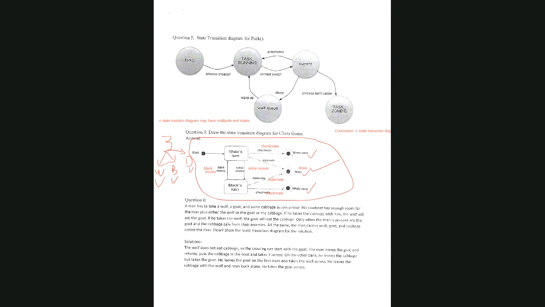Now let's see question number 7. In this question number 7, man, wolf and goat. This is a very interesting game. Assume that a fisherman is living with a man, wolf, goat, and cabbage.